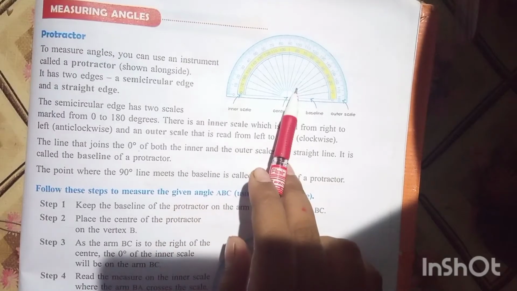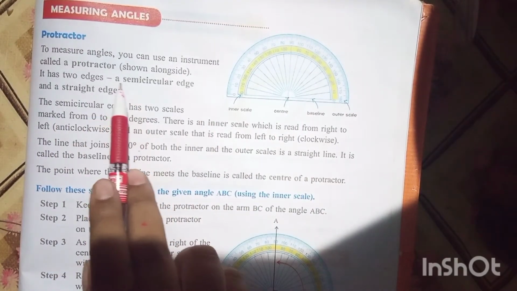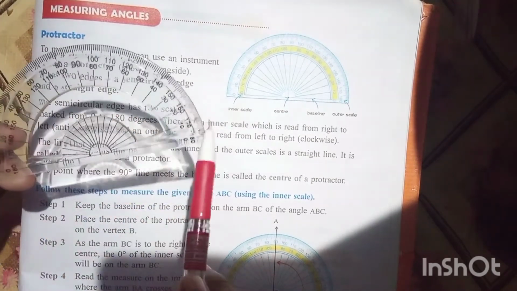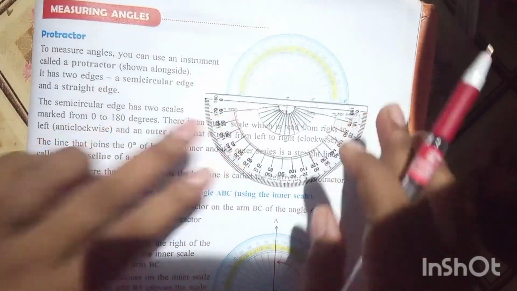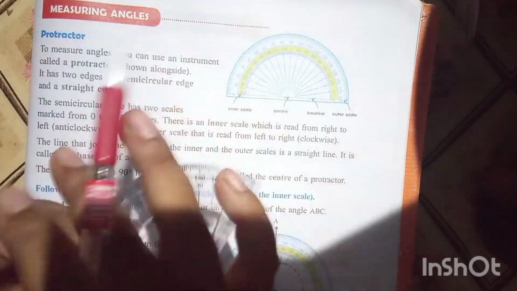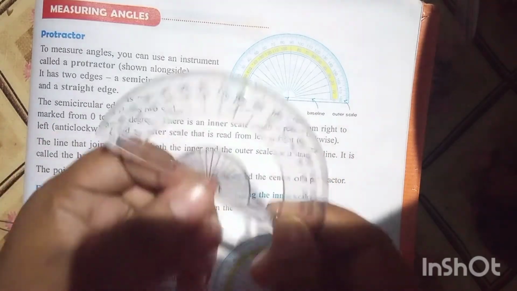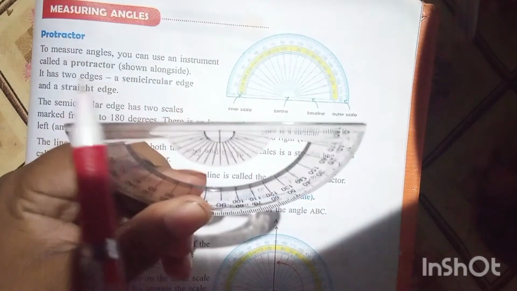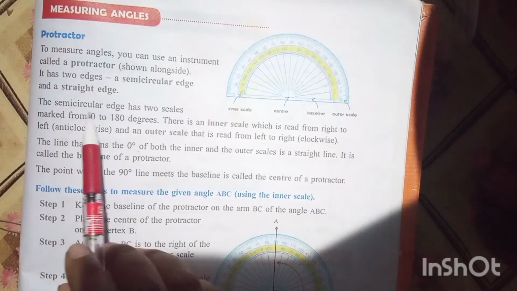You can see this in your book also. It has two edges: a semicircular edge and a straight edge. Semicircular means half circle. If you join two together, it will become a full circle. The semicircular edge has two scales.